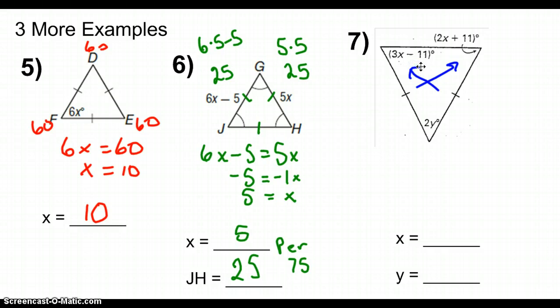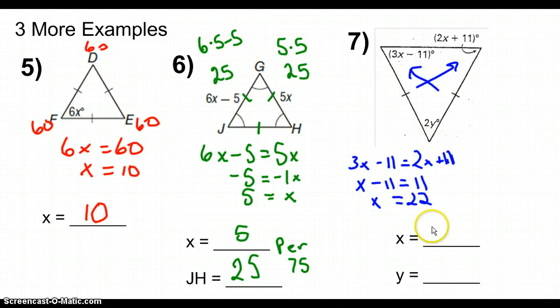So we can set up an equation, 3x minus 11 equals 2x plus 11. Solving this equation, if we subtract 2x from both sides, we end up with x minus 11 equals 11. And adding 11 to both sides, we see that x is equal to 22.